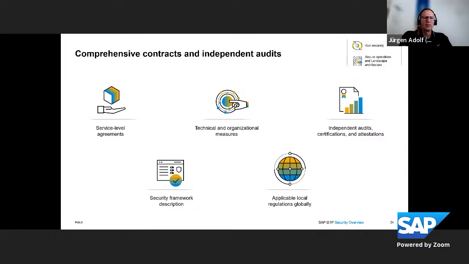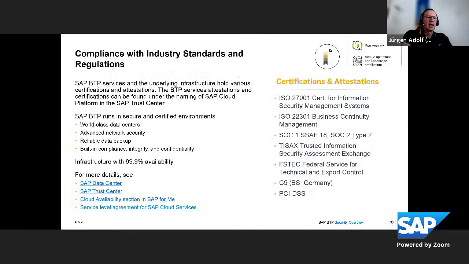We have a security framework description, and we have applicable local regulations globally. And so that you can trust us, we offer all these certifications. You can find in the Trust Center here on the left side some links where you can find more information about the certifications.